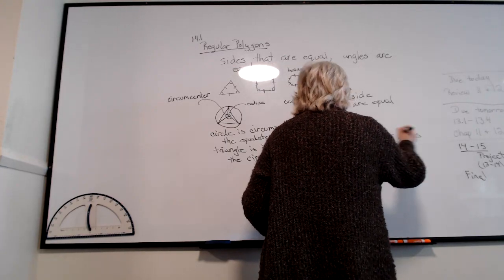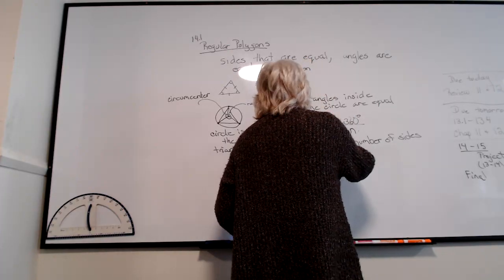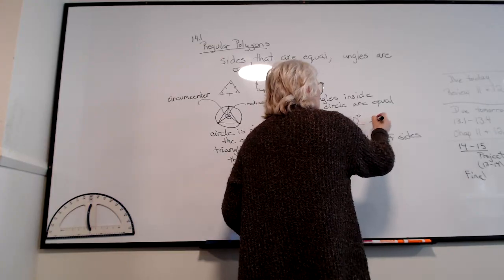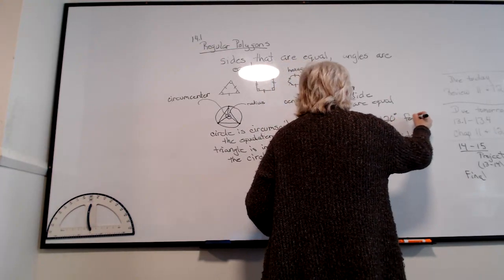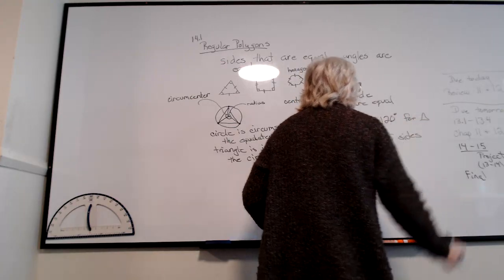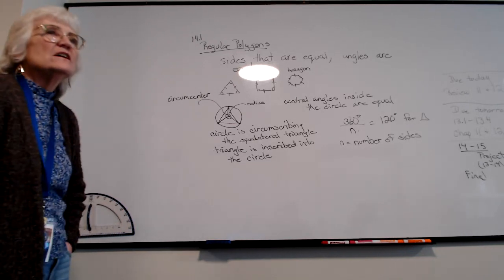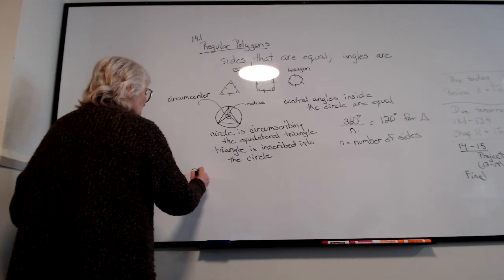We're going to use this quite frequently, but the central angle is equal to 360 divided by n, so in this case, 120 degrees for a triangle, okay? If I had a pentagon inscribed in, I have a pentagon.